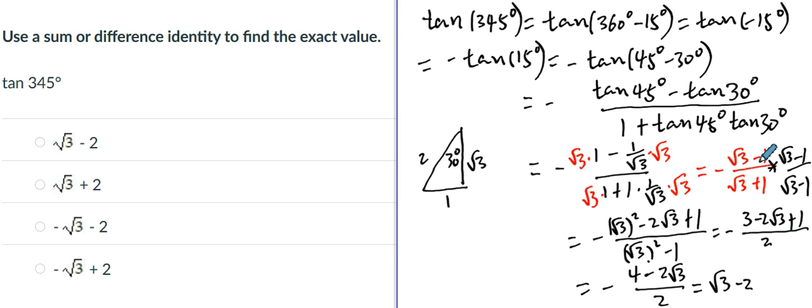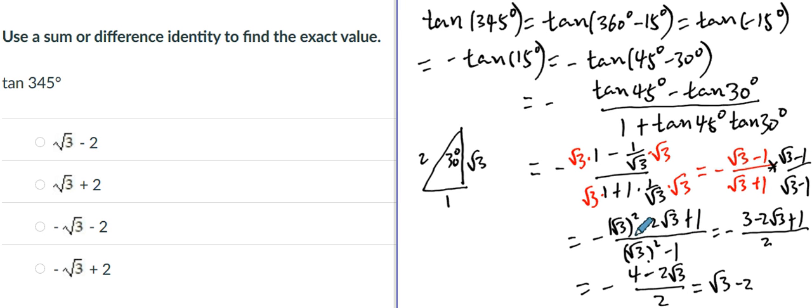Numerator is radical 3 minus 1 squared. You follow it. Radical 3 squared minus negative 1 times radical 3, negative 1 times radical 3. So you double it. Negative 1 times negative 1, you have a positive 1.